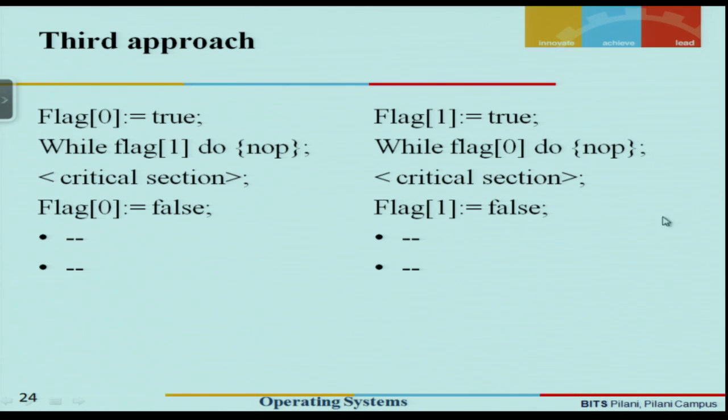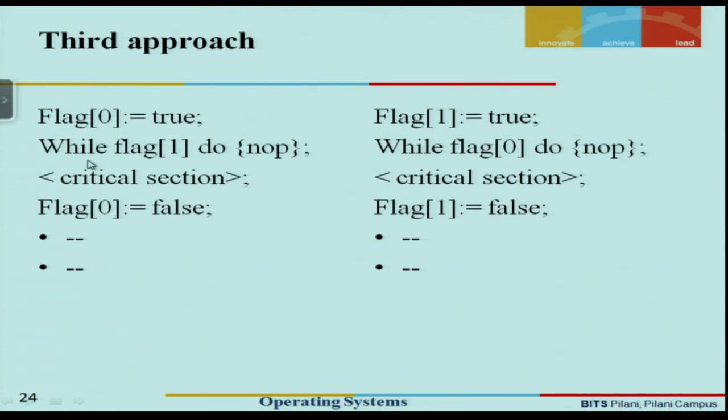But I wanted you to see a simple scenario here. Let's say that process P0 executes statement number 1, that is, flag 0 equals to true. Then process 1 comes, it also marks its own flag equals to true.